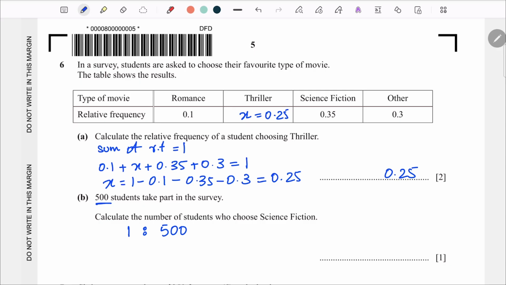And the relative frequency of students whose favorite movie is science fiction is 0.35. So 0.35 is the relative frequency, and the total number of students who choose science fiction is unknown. We'll put it as x. X is equal to 0.35 multiplied by 500, and this is equal to 175.